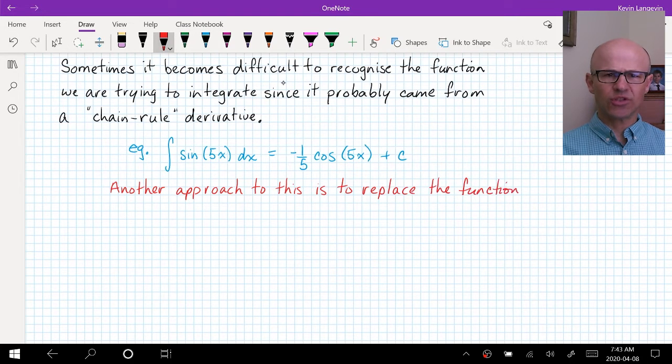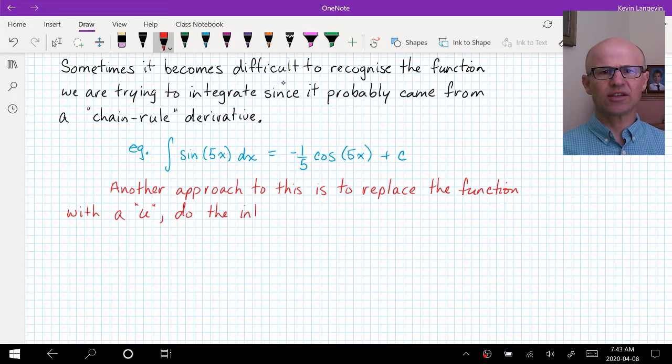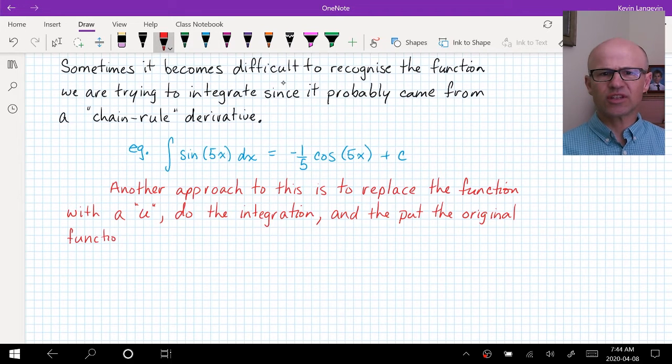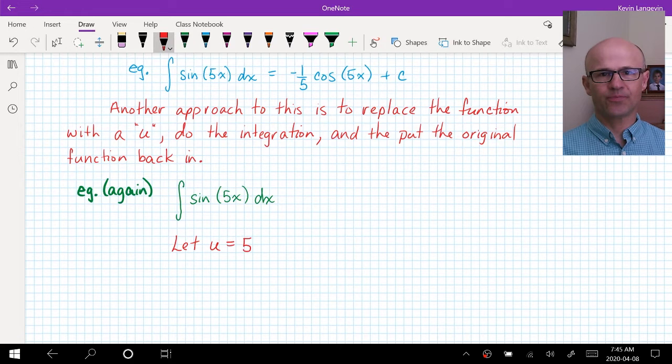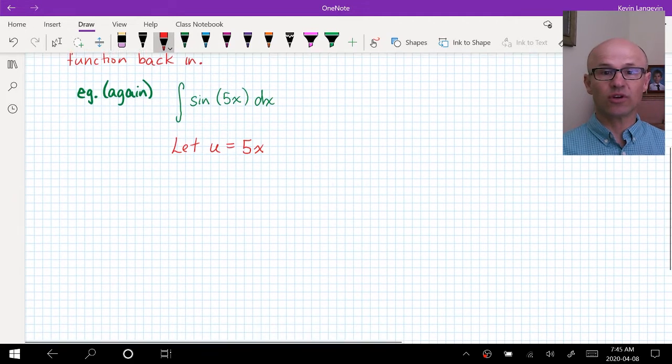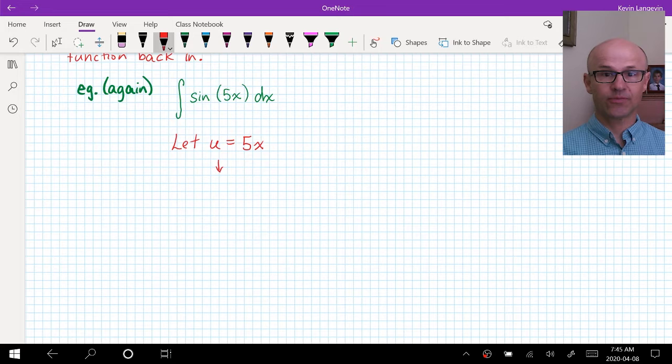The first thing that we do is we choose to take a look at what function is it that we want to replace with the letter U. This is usually something which is a function within a function. So in this case, U is going to become 5x.